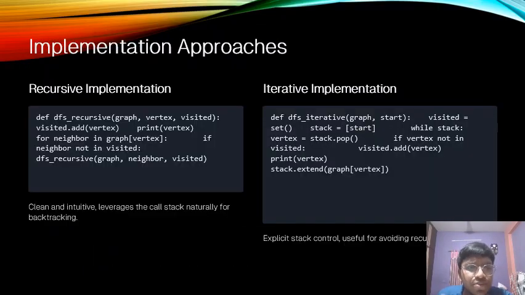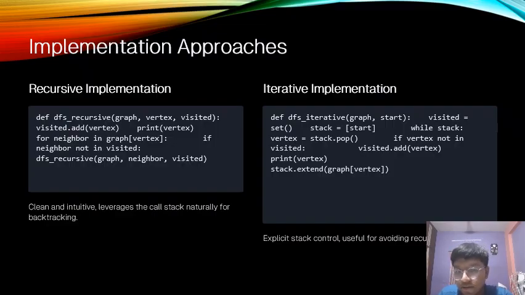Here are the implementation approaches: recursive implementation and iterative implementation. This slide just shows the code of the DFS. It's not generally important for understanding DFS, but it's important for writing code, or for an interview where they can ask you to write a program on DFS.